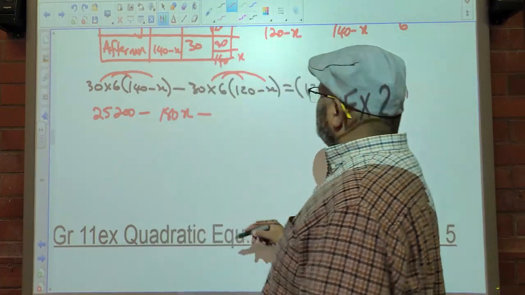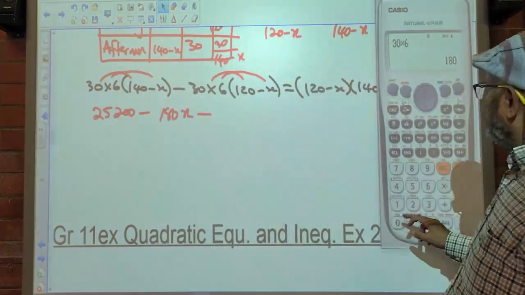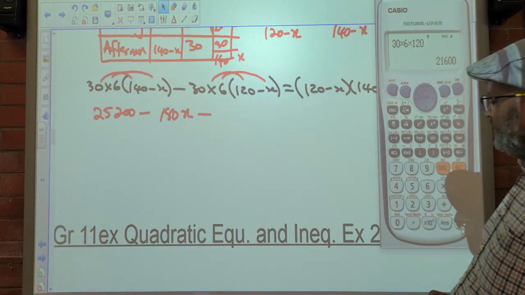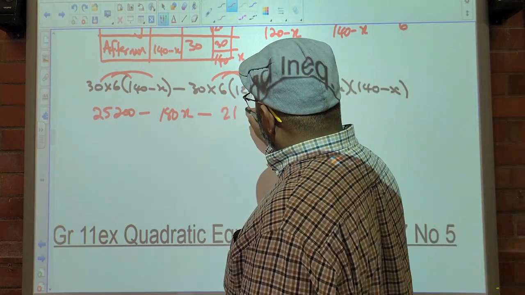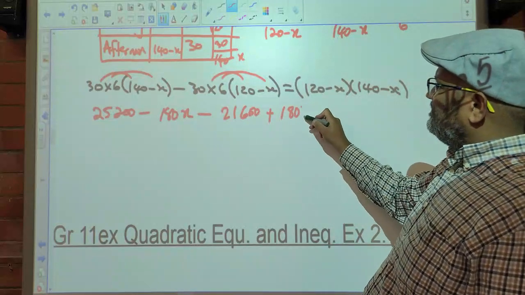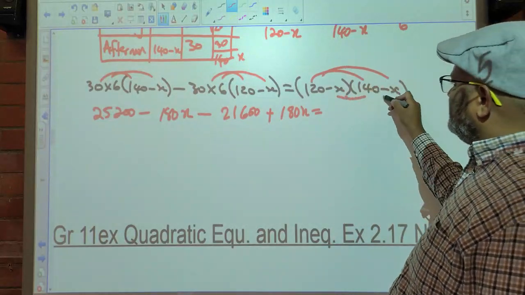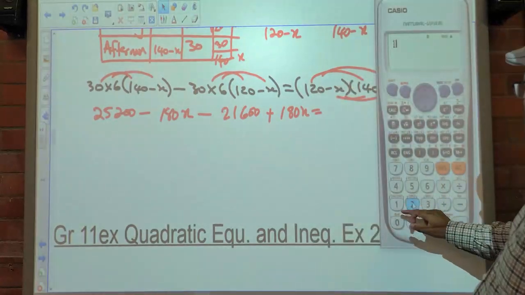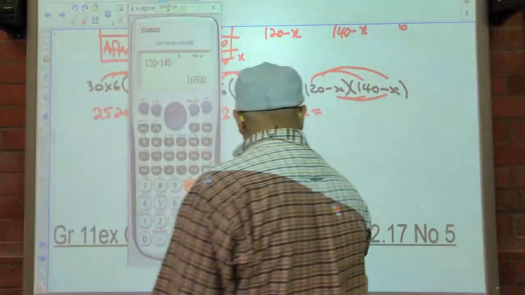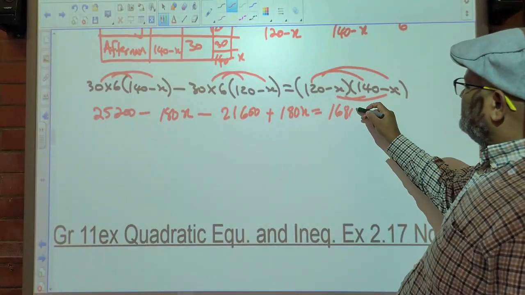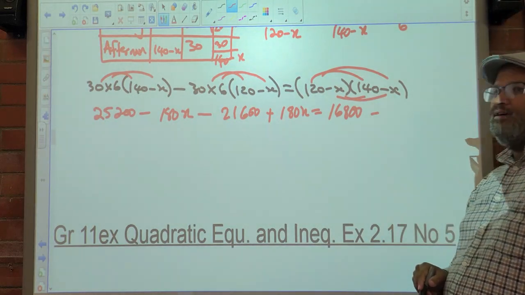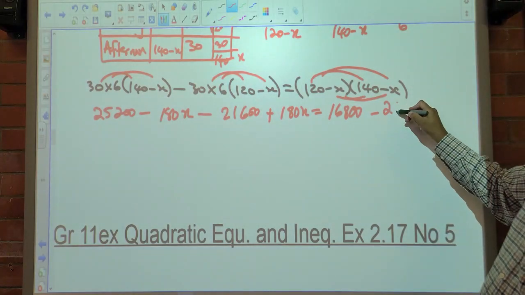Minus, same story there, 30 times 6 times 120 gives you 21,600. Plus, that is now going to give me 180x, correct? Yes. Equals, multiply that out, 120 multiplied by 140 gives us 16,800. Now 140 and 120 gives 260x plus x squared.